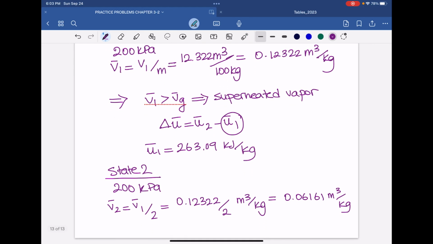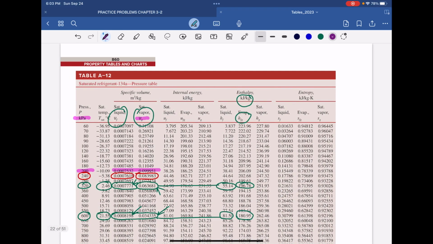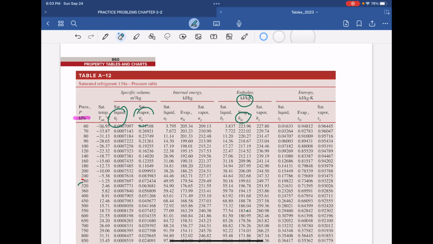Now let's take a look at 200 kilopascal. Again, let's erase everything here, it's so crowded. At 200 kilopascal, if we look at Vf and Vg, and our volume is 0.06 at the second state, it looks like it's in between.